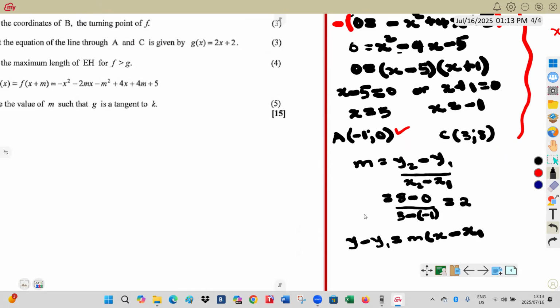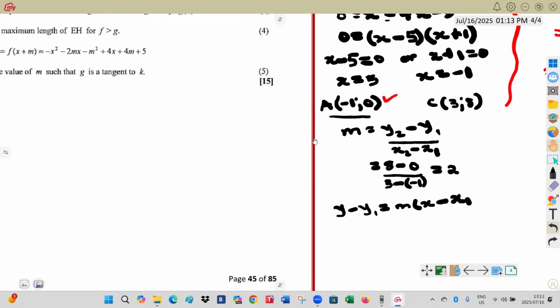So if we decide to take the point maybe -1, 0, point A, using this point A, we are going to get y minus 0 equal to m, which we found to be 2.